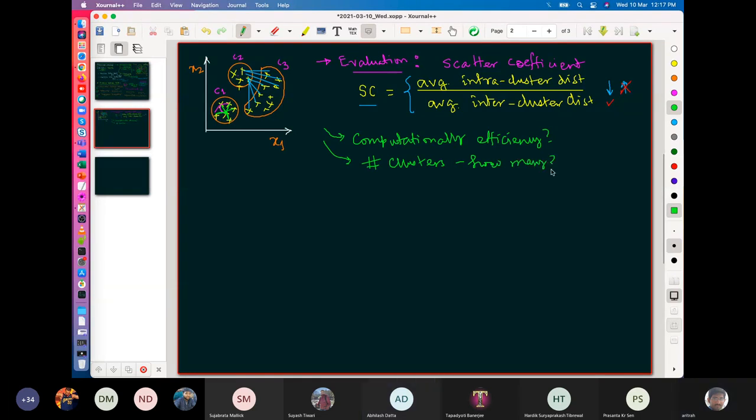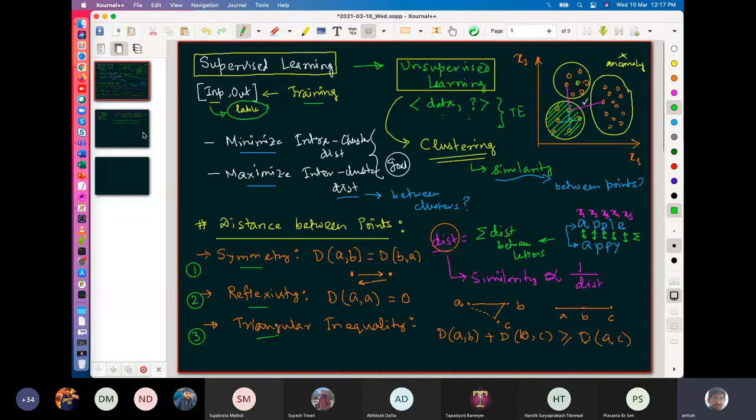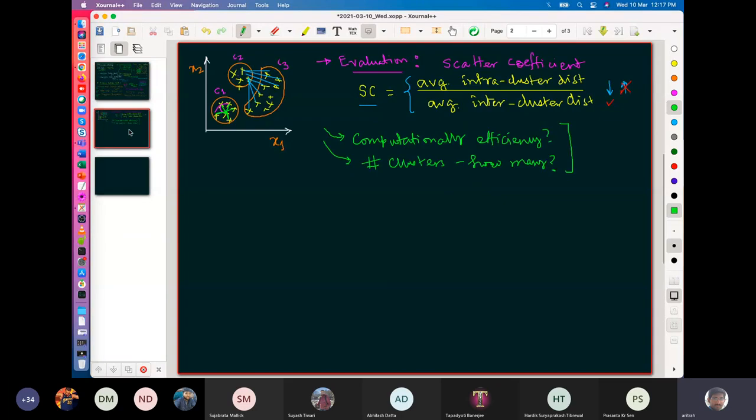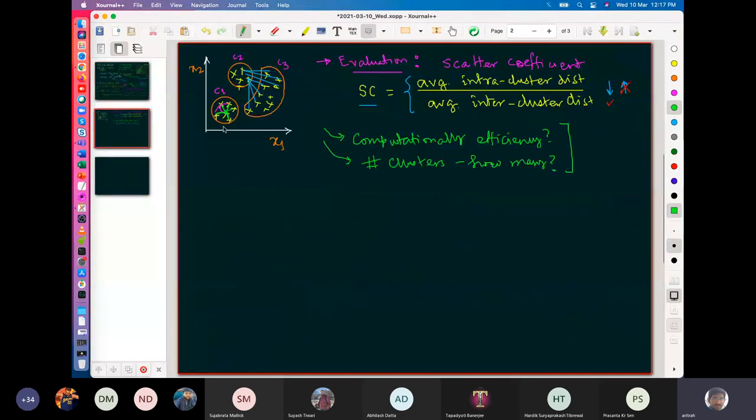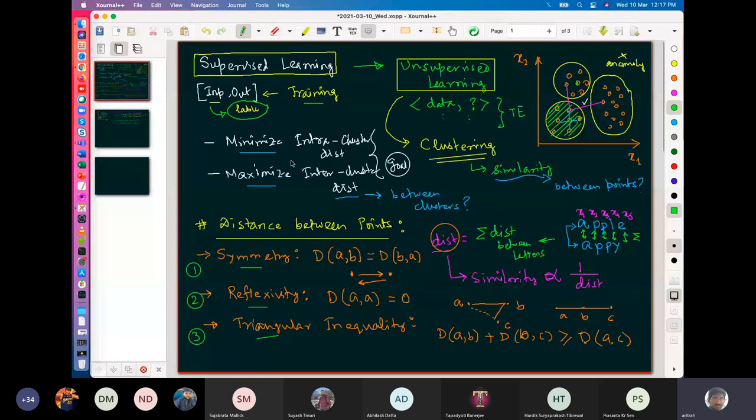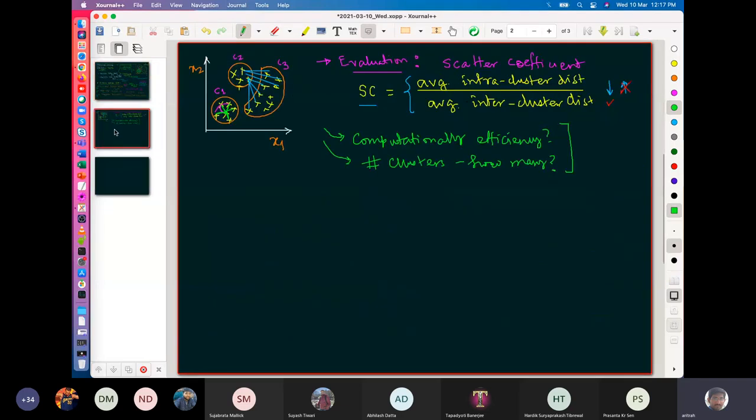All these are valid questions, but I'm just reaching a premise for answering them from the problem itself. Till now, I just declared a problem, and let's say I know the number of clusters. I declared what I need to solve, and while solving it, what my basic distance function should obey. Those three things I declared till now. These questions are still yet to be cleared up.